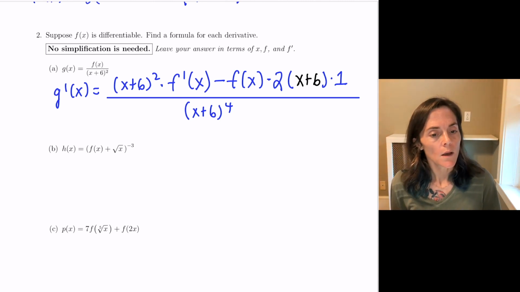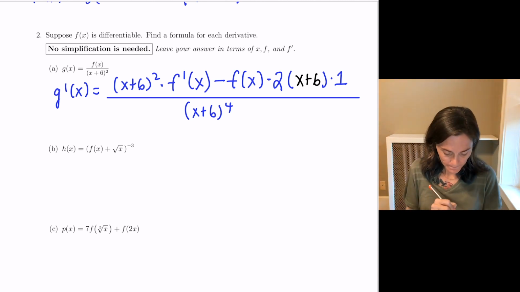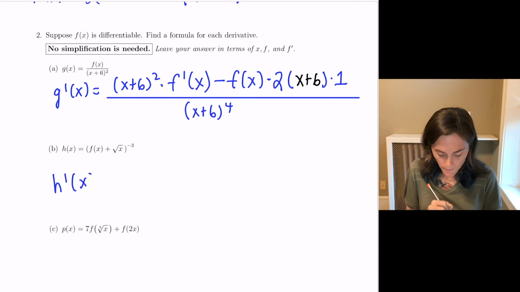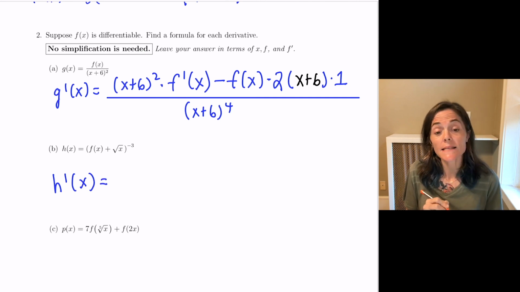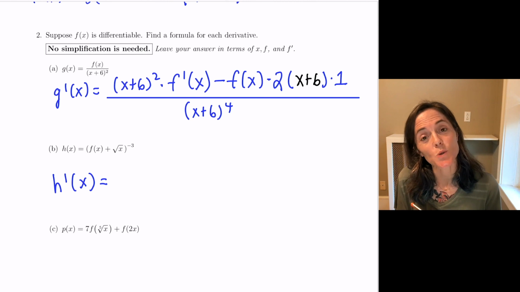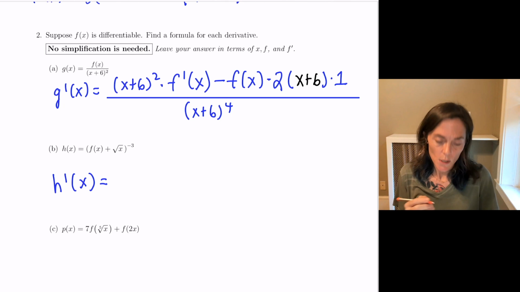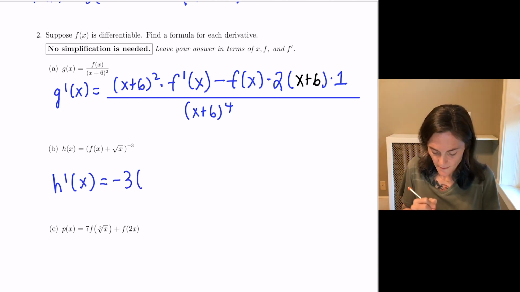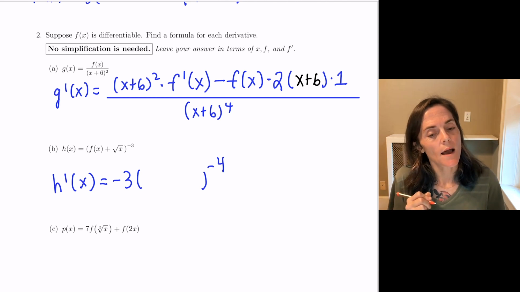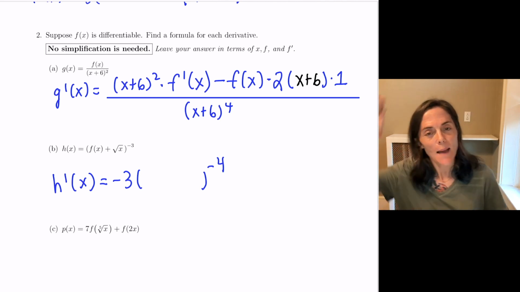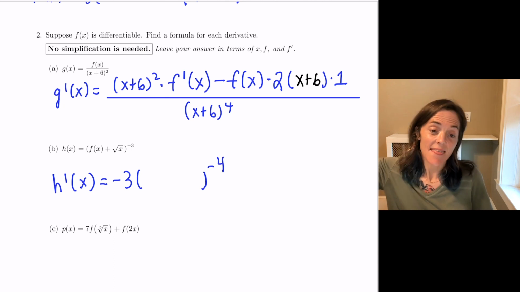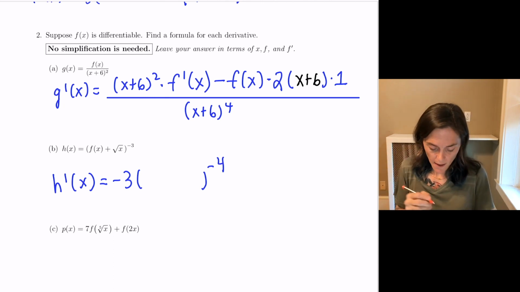Next one. This is chain rule. My inside function is f of x plus the square root of x. My outside function is x to the minus 3. So there's the derivative of the outside. Bring down the power, to the power minus 4, and then evaluate it at the inside, f of x plus the square root of x.